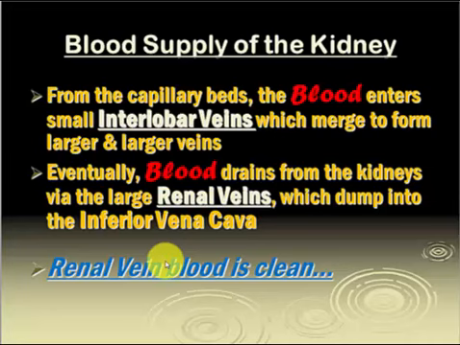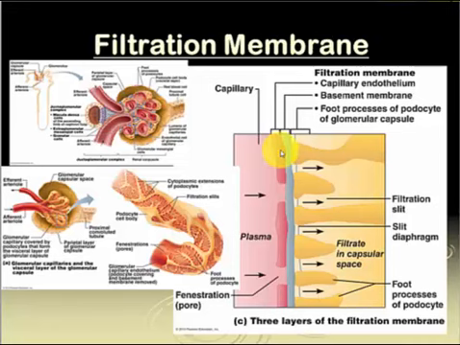Urea was a nitrogenous waste product formed from amino acids. When we say renal vein blood is clean, we mean it's been cleansed of nitrogenous waste. So what you'd remember is that urea is formed by the liver and eliminated by the kidneys.